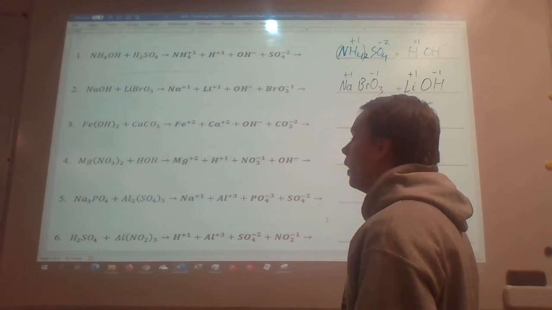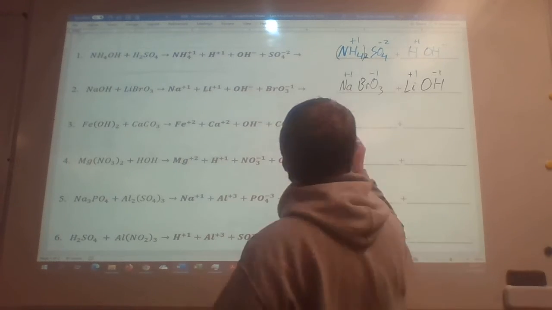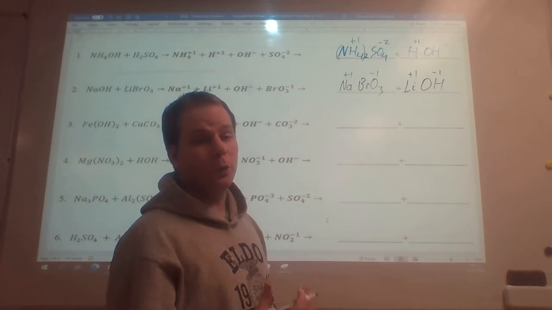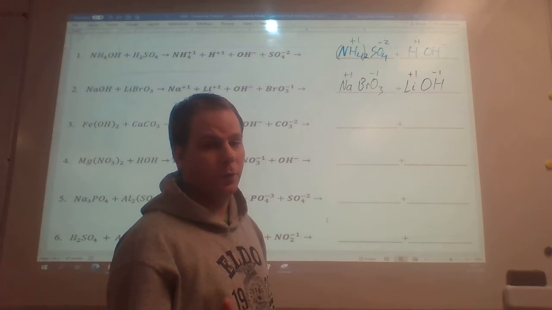Oh, there is one more thing I almost forgot. Because you're plugging this into a Google form, you can't do subscripts and superscripts or exponents.